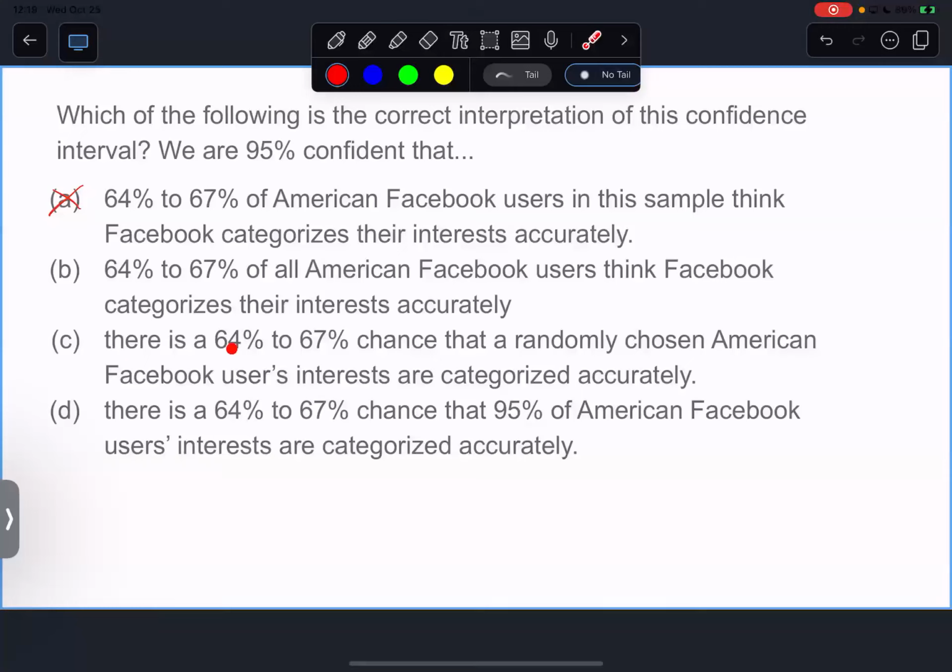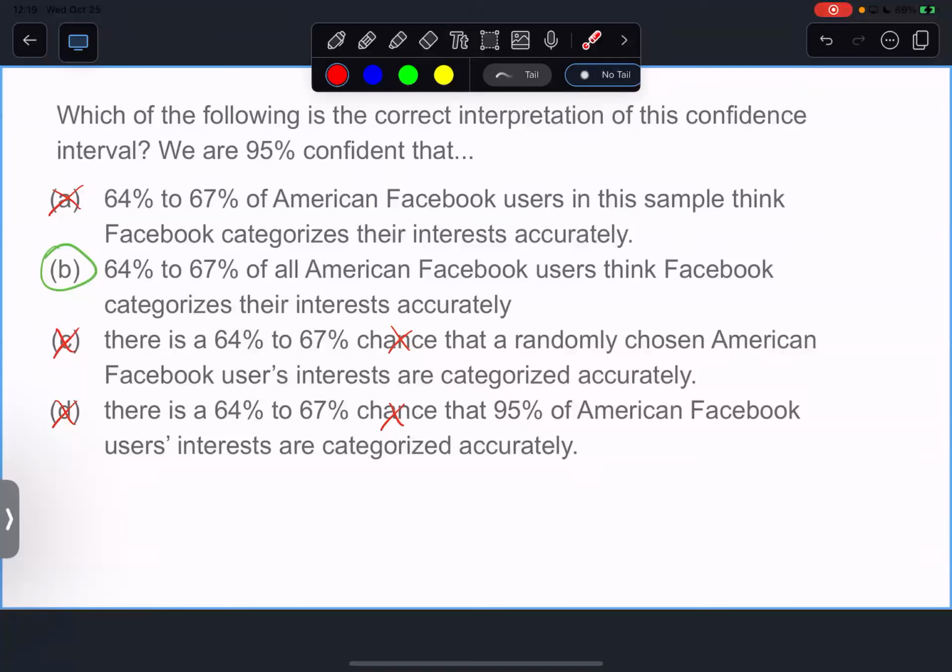There's a 64 to 67% chance. Well, I'll stop you right there. It's not that one, because we're not talking about a chance. We're just talking about some interval that's trying to capture this thing that we can't see, right? And so right away, don't say that. And again, chance. No. So let's convince ourselves that this one is what we said.